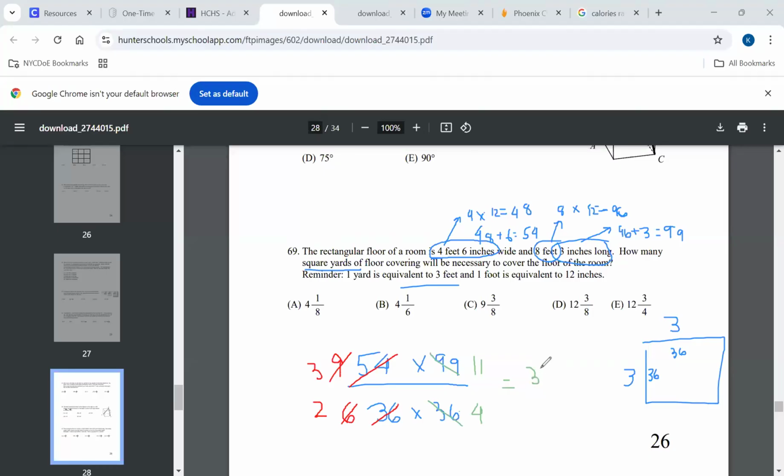You have 33 at the top and 8 at the bottom. Our last step would be to turn this back into a mixed number because all these choices are mixed numbers. 33 divided by 8 is 4 with a remainder of 1. So choice A is the right choice for this one. And I'm going to stop the recording now and start question 70 on the next one.